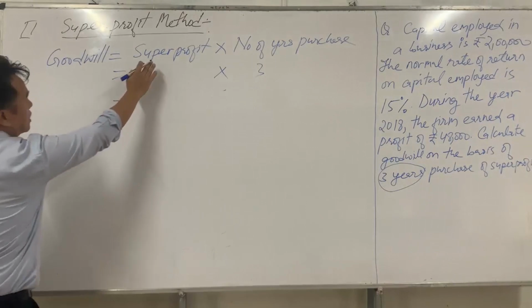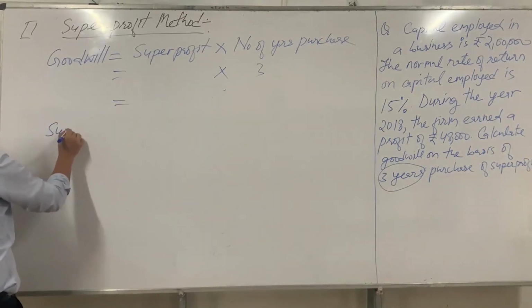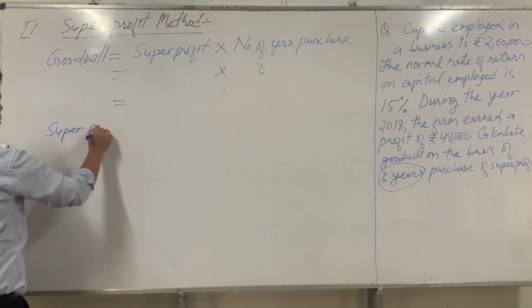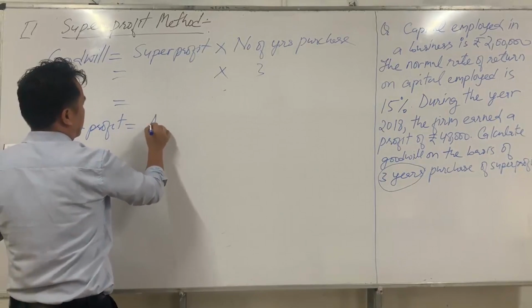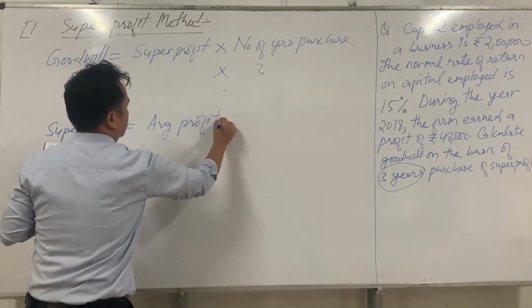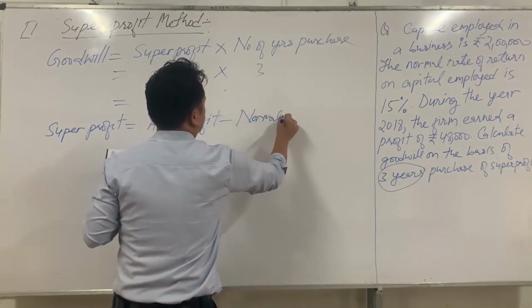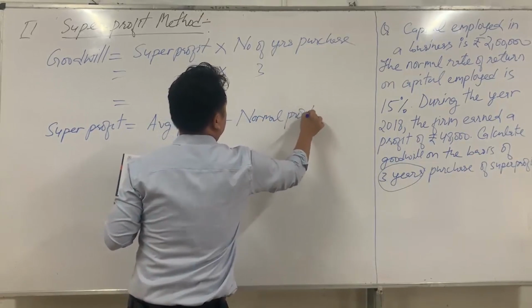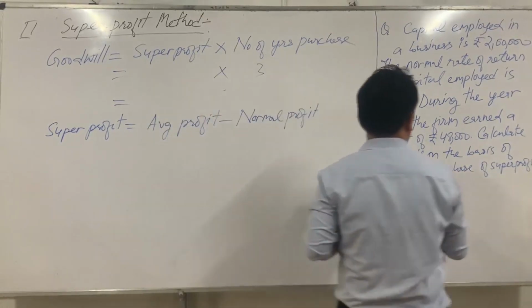Okay. Now, what is the formula of super profit? Super profit is equal to average profit minus normal profit. So what is the value of average profit?